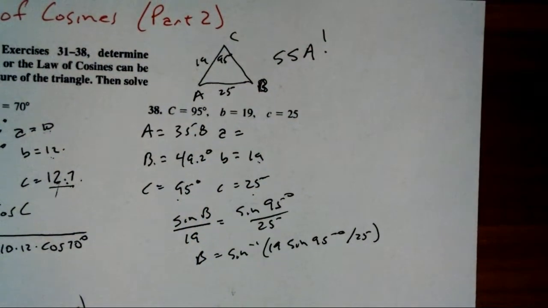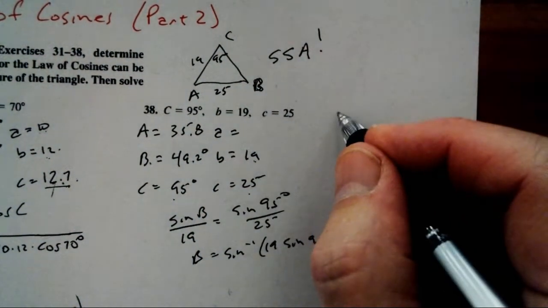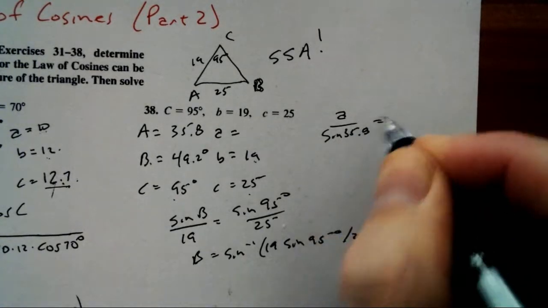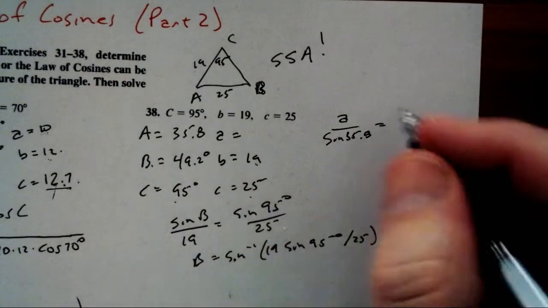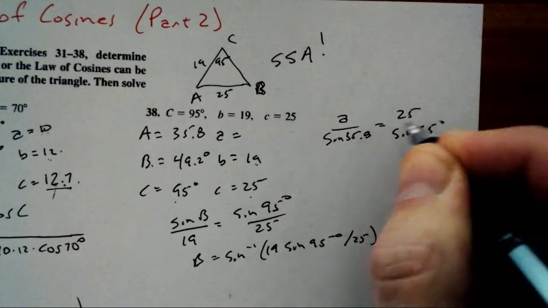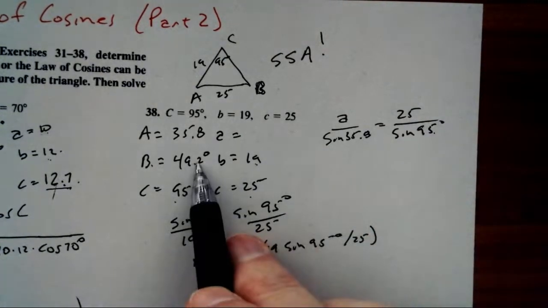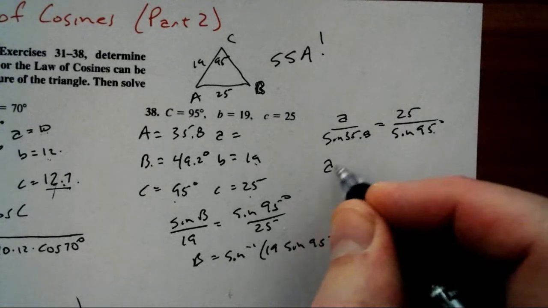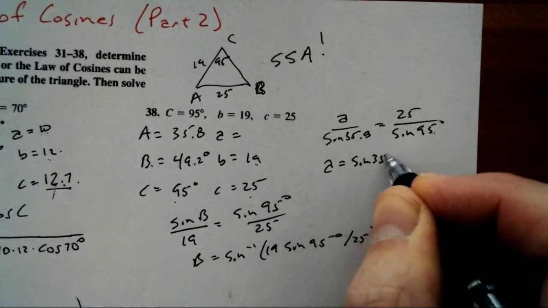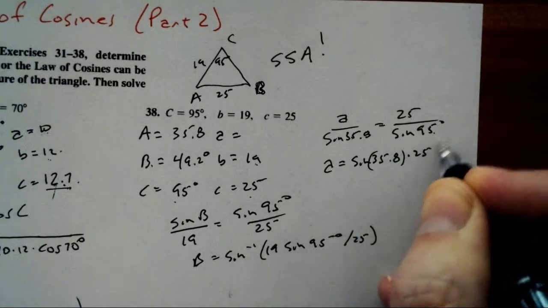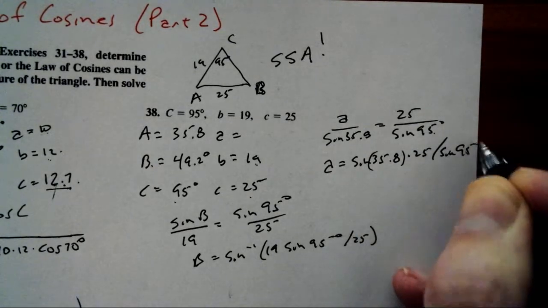And now we're going to get side A with law of sines. Little a on sine of 35.8 equals, I'm going to go down to here, 25 on sine of 95, because that's a little more accurate than this. The 35.8 is not quite exactly accurate, but we're in good shape here. So A equals sine of 35.8 times 25 divided by sine of 95.